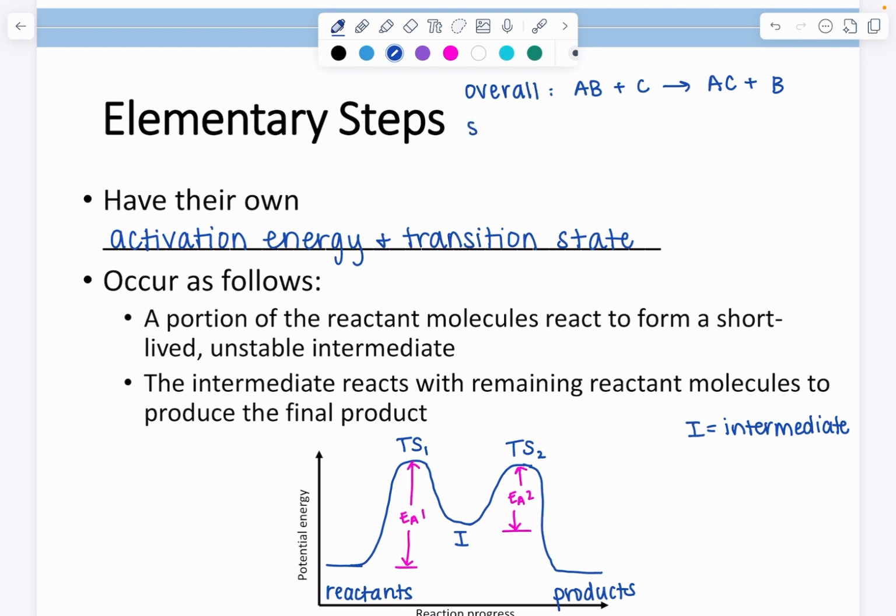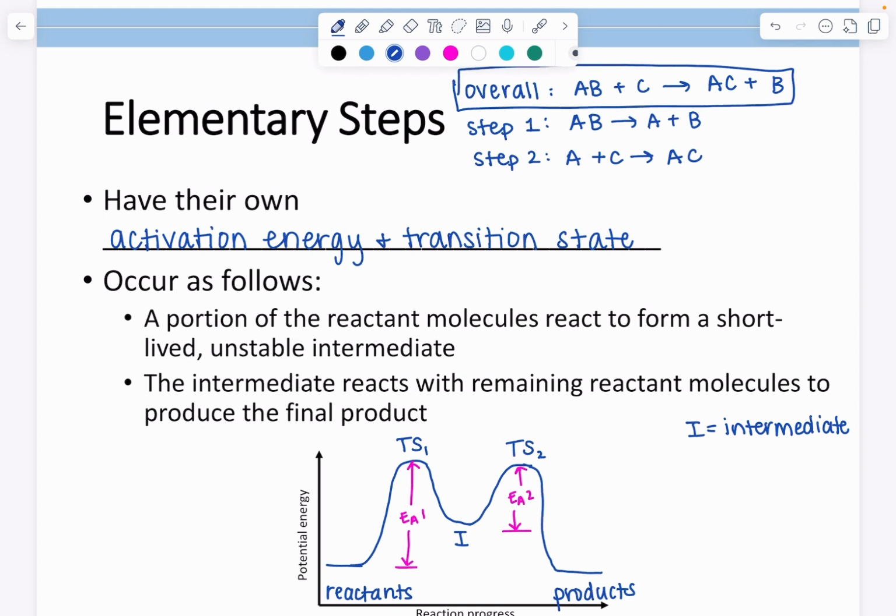And then also let's say we are given these 2 steps. First, AB in the first elementary step breaks apart into A plus B. Then A and C can react to form AC. So this would be the overall reaction that occurs through these 2 steps.